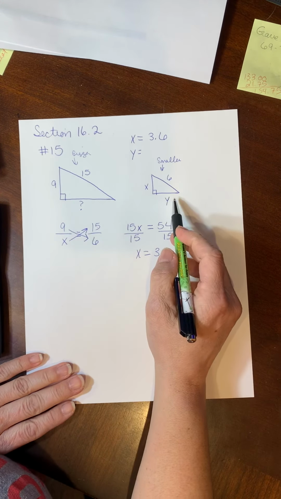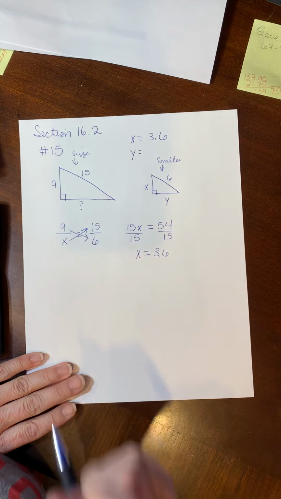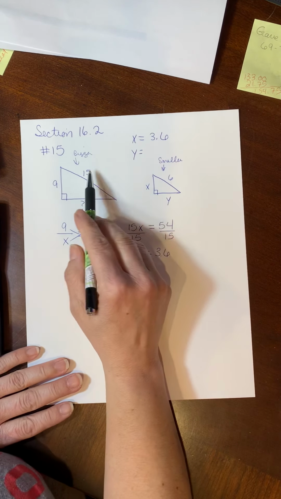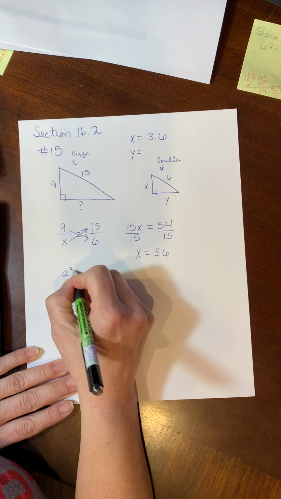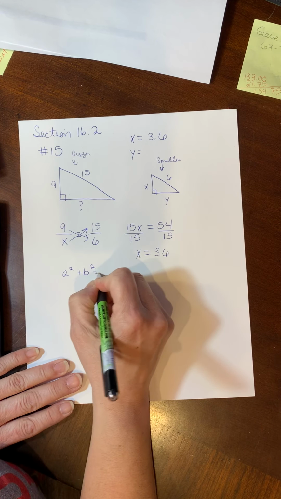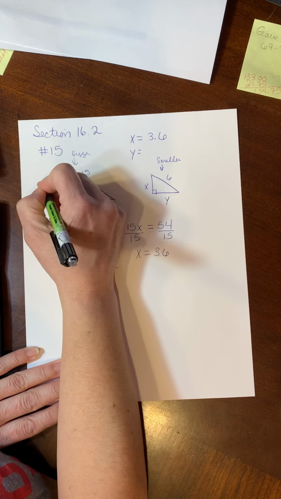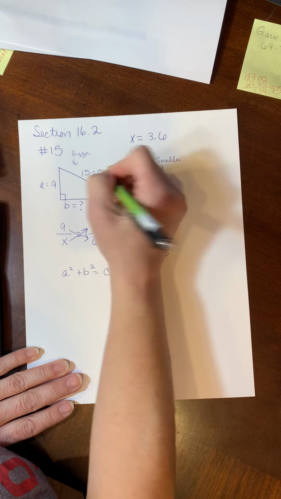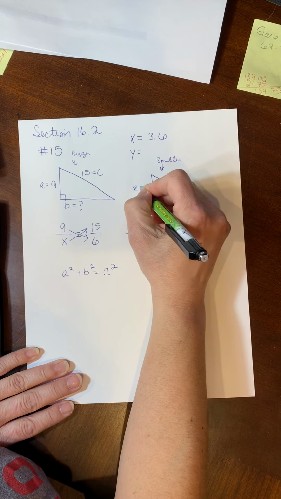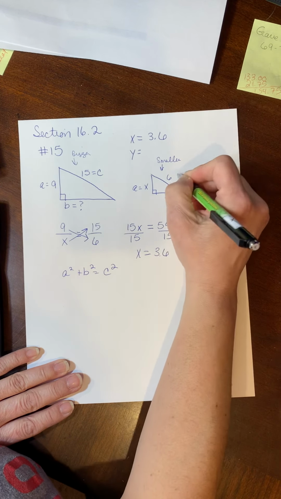Now, in order to find Y, we need to find this long side. Well, what we have here is the Pythagorean theorem. A squared plus B squared equals C squared. Let's say this is A, this is B, and this is C. We can do the same here.